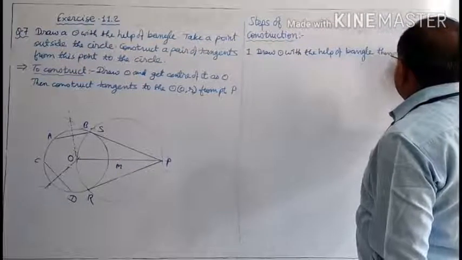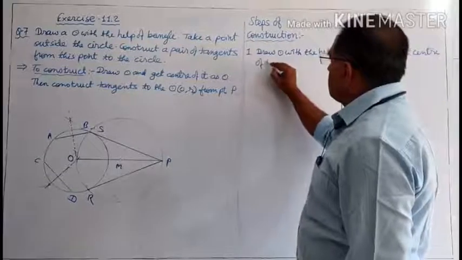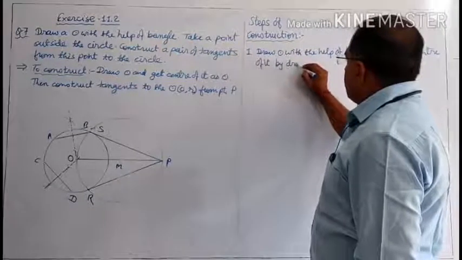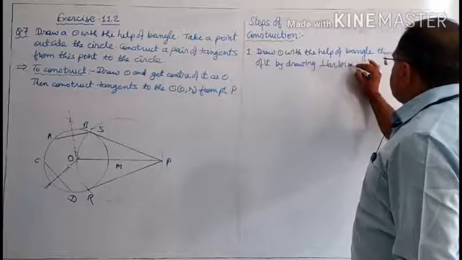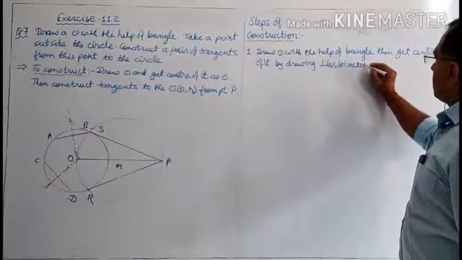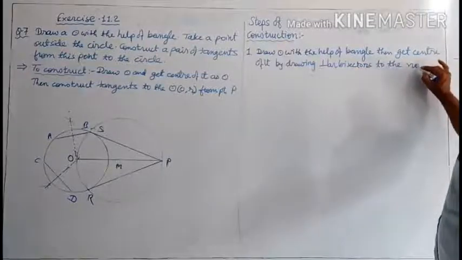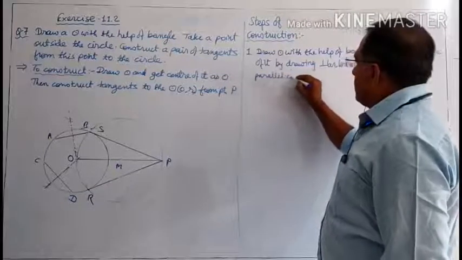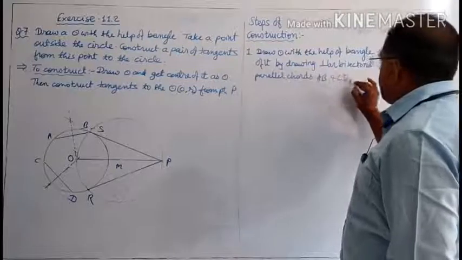Then get the center of it by drawing perpendicular bisectors to the non-parallel chords AB and CD.